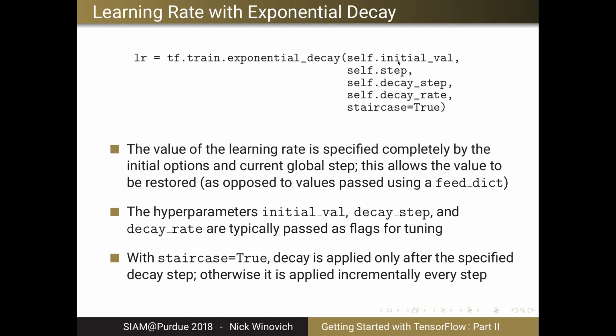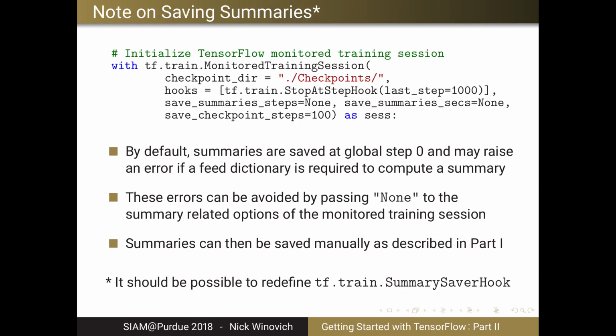You give it the initial value and the global step, and from these arguments, it can always recover what the current learning rate is. So this will be saved and retrievable when we restore from one of those checkpoints. So this is preferable to just feeding the learning rate and manually adjusting it.